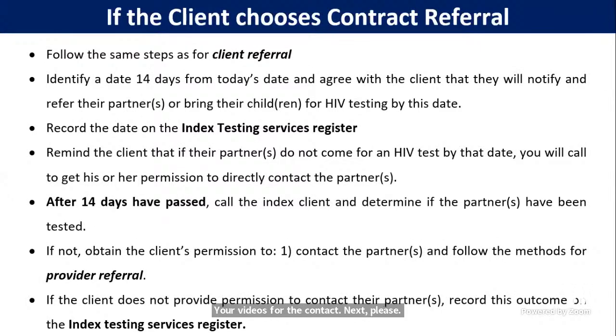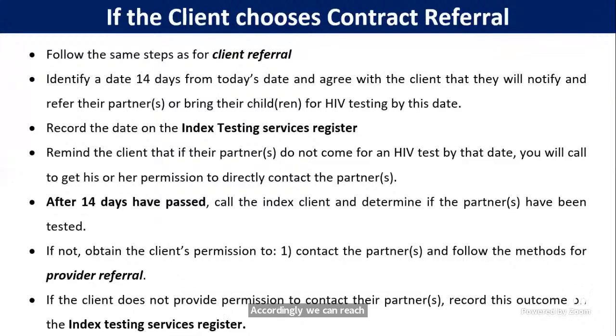If clients use contact referral, they will say some period, it may be 14 days or 1 month or more. Whatever period they feel comfortable with, we should give that period to them, and after that we can contact them again to remind them, okay, your period is over, and now I would like to know whether you are ready or if you still need some time. Accordingly, we can reach out.